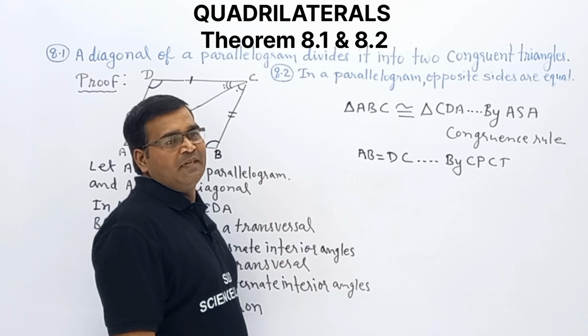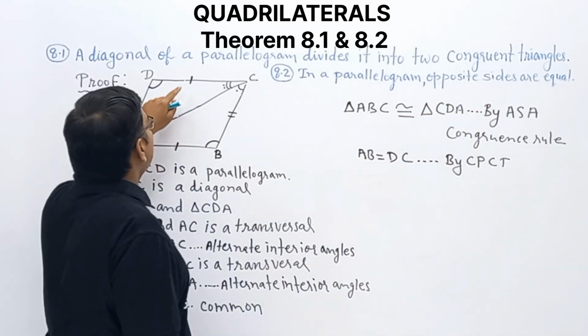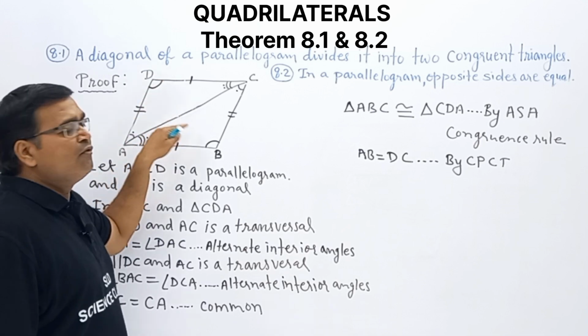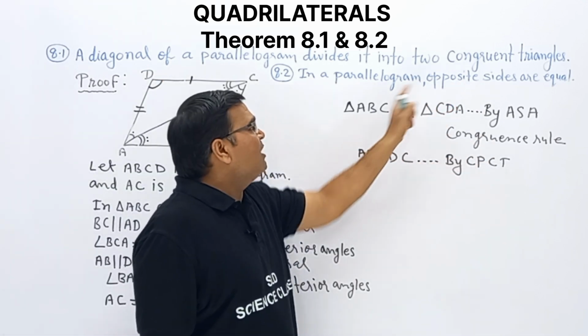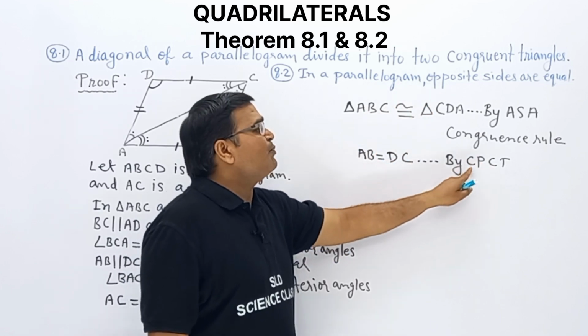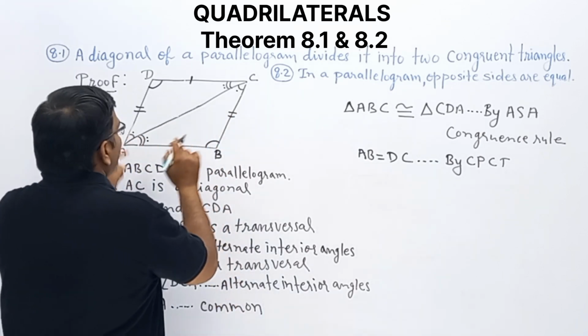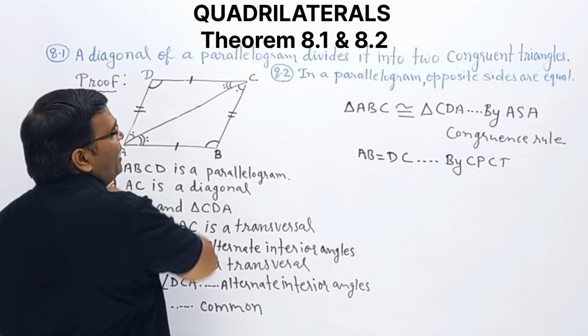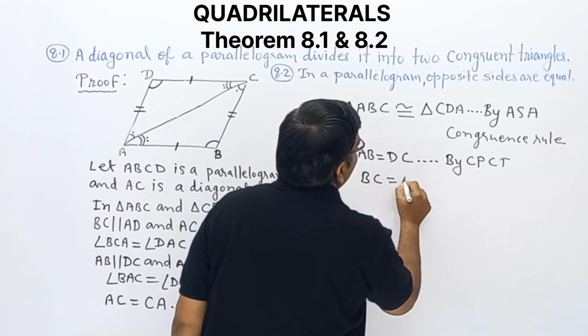We proved this theorem. Opposite sides are equal. This is opposite of this one. So these are equal. Why? By CPCT. Already we proved both triangles are congruent. So CPCT is what? Corresponding parts of congruent triangles. Now another thing. This side BC equal to AD. BC will be equal to AD.